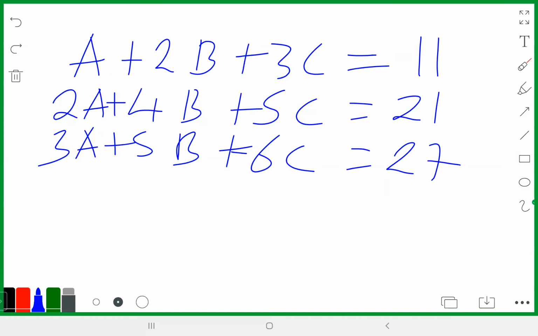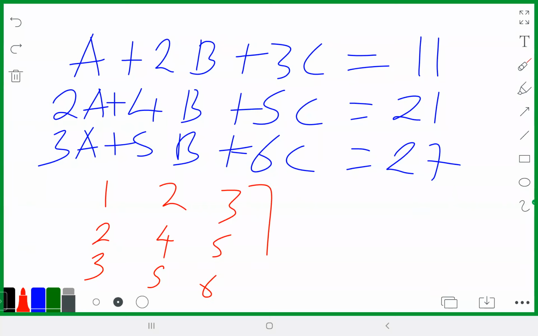Is that clear? So to start with, how you solve, you just solve to find the value of A, the value of B, and the value of C. It is just like the example that we just had. So when you extract here, just get the matrix. So you get 1, 2, 3, 2, 4, 5, 3, 5, and 6. This is your 3 by 3 matrix.